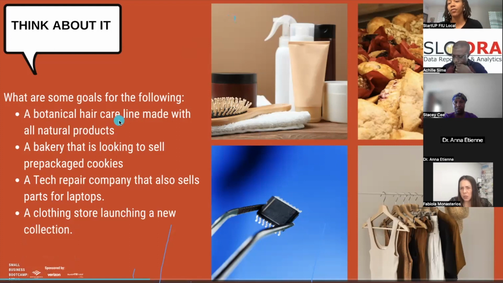So we can all, thank you so much, Fabiola, for sharing. So we can all agree that we don't have enough information to make SMART goals just yet, correct? We need a little more information, maybe about the audience, about where they're currently selling, about what product they are trying to launch, right?